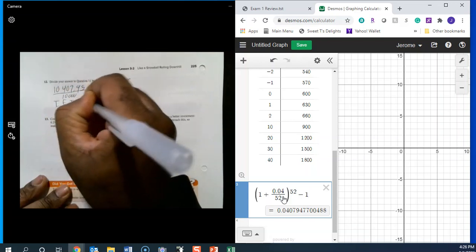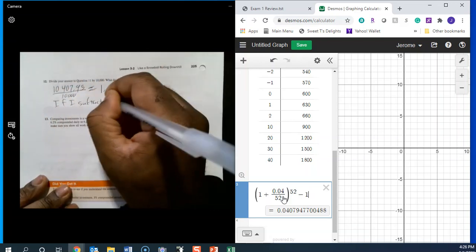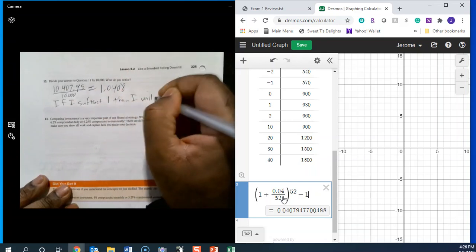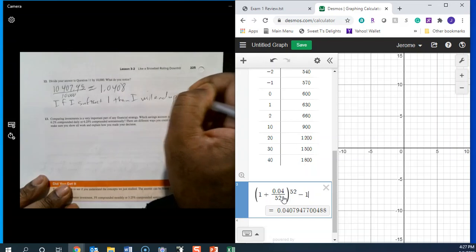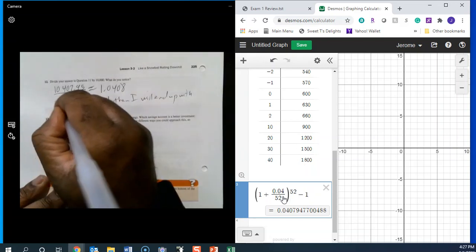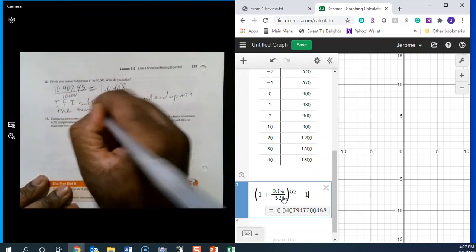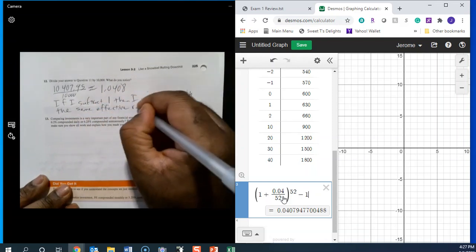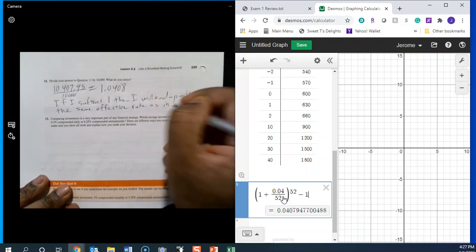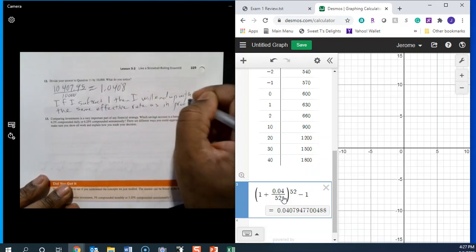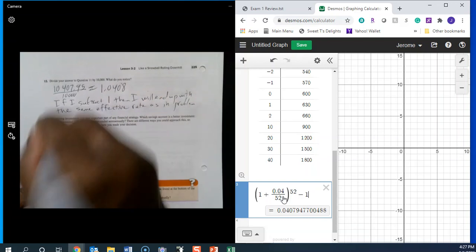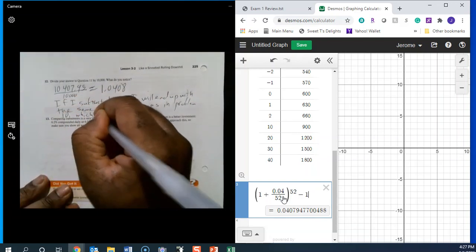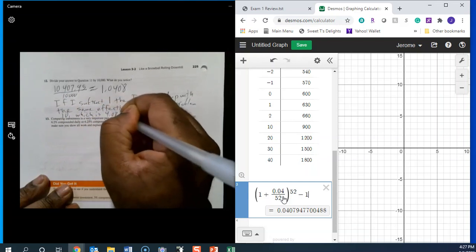If I subtract 1, then I will end up with the same effective rate as in problem 10, which is 4.08%.